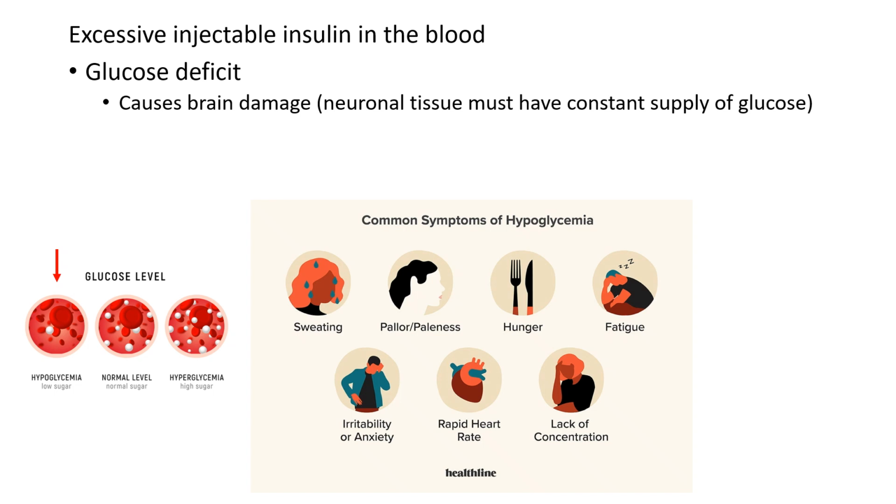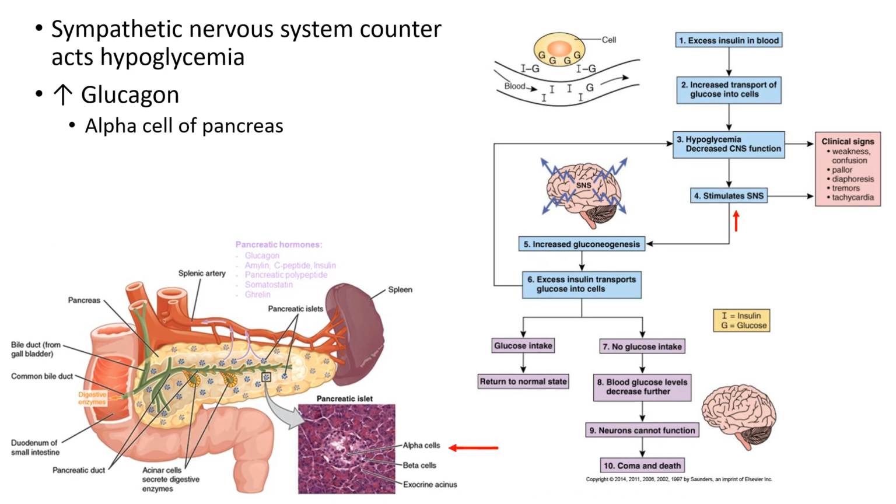If they have too much insulin, that means too many glucose GLUT4 transporters are moving glucose in, and there's no glucose left. When a glucose deficit is achieved, you can cause brain damage, because neuronal tissue has to have a constant supply of glucose or you can die.